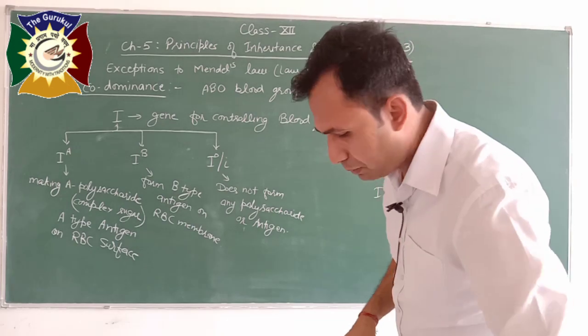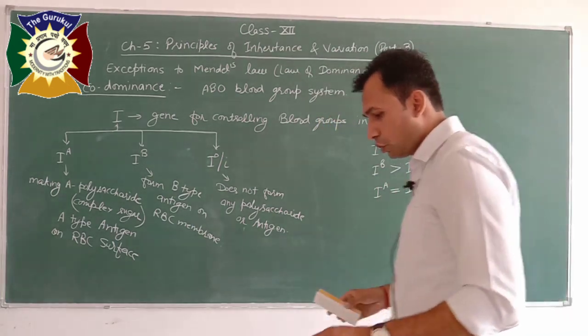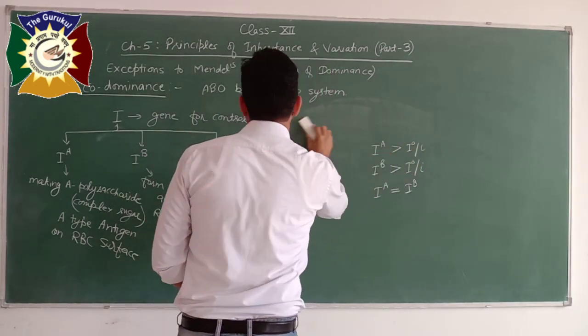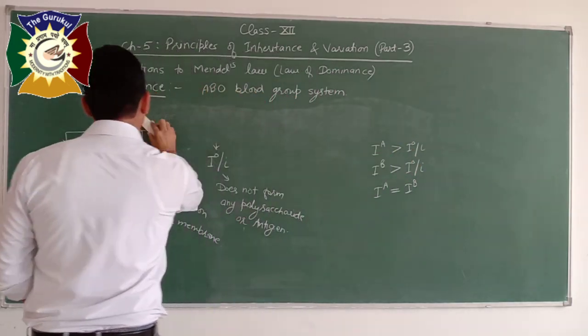Now on the basis of this information, we are going to draw a table of the ABO blood group system in human beings.